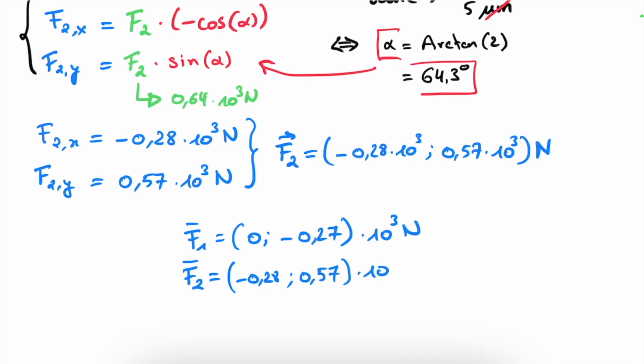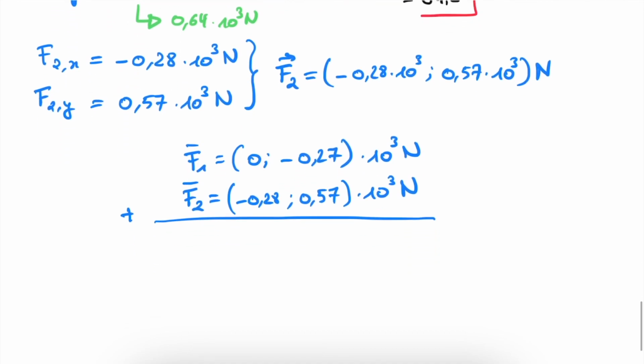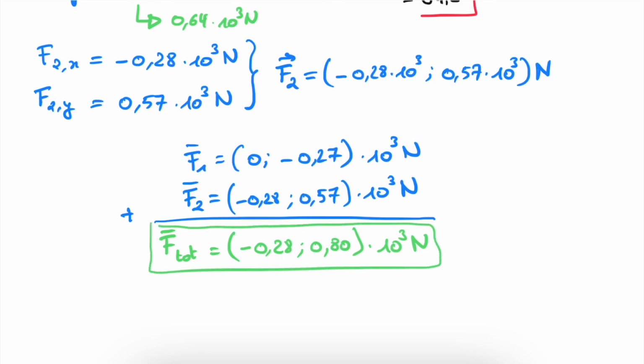And this also multiplied by 10 to the power of 3 Newton. And now we can add these two vectors component-wise to find the resulting vector, which then becomes the following. Our final result, F total, is equal to, for the x component, minus 0.28, and for the y component, 0.80, multiplied with 10 to the power of 3 Newton. And this is our final result.